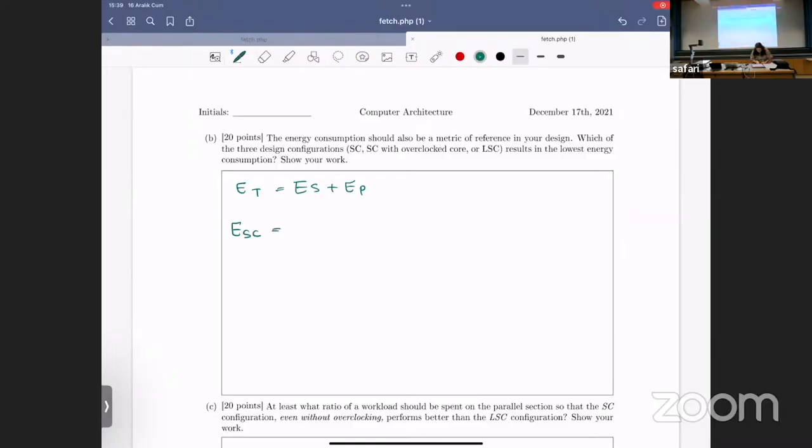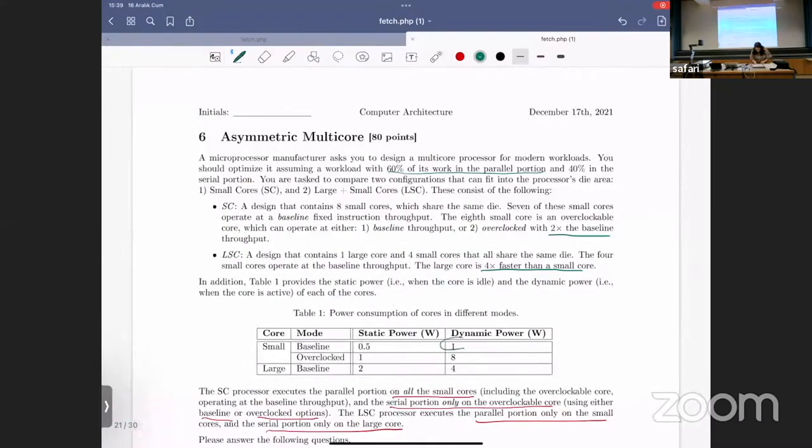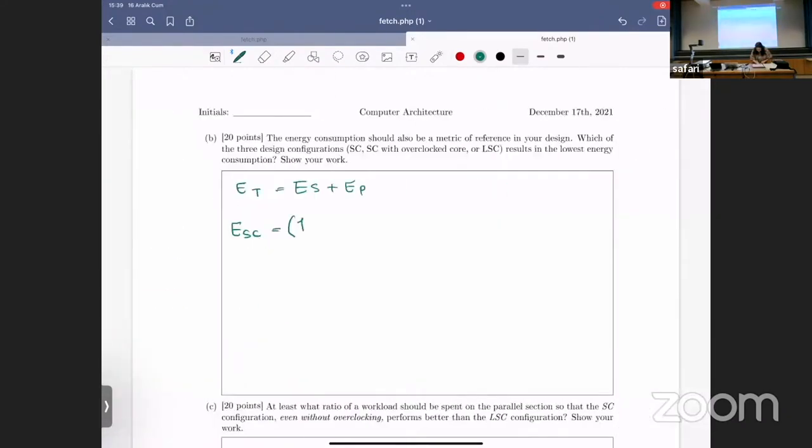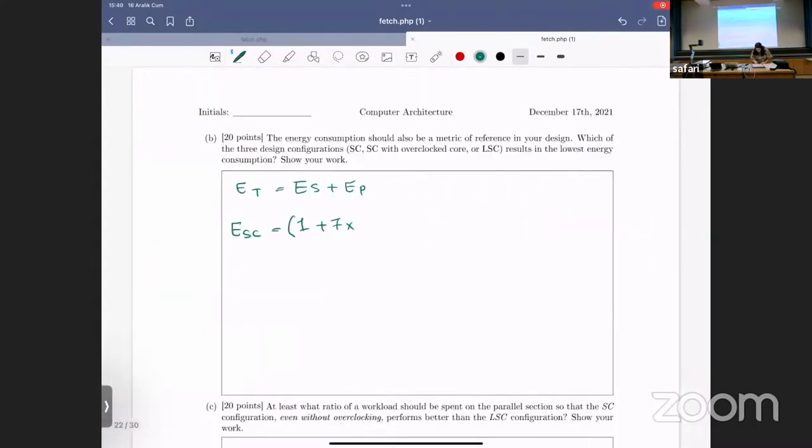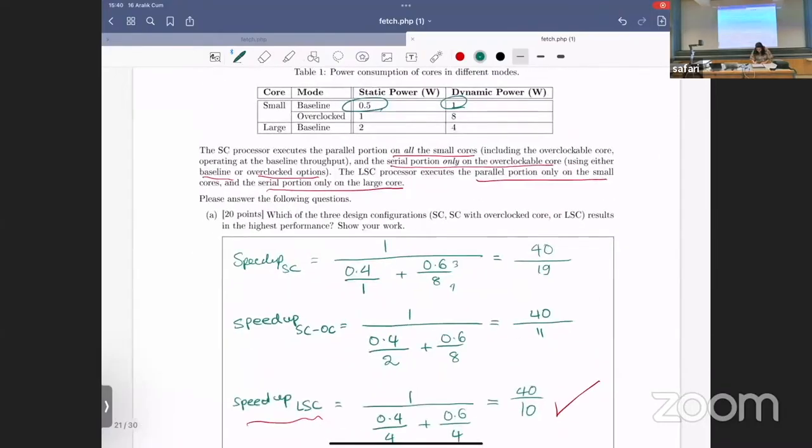So let's find the energy consumption for the SC case. When we are doing the serial portion of the application, the normal core in this baseline config uses 1. That's the power. But the 7 other cores are idle, right? So then we would have this case. How much of the time was spent on the serial part? 0.4.